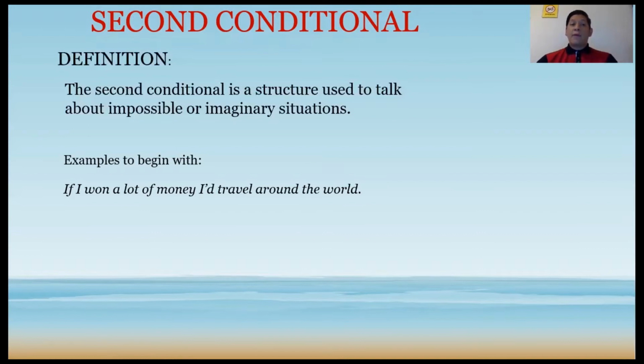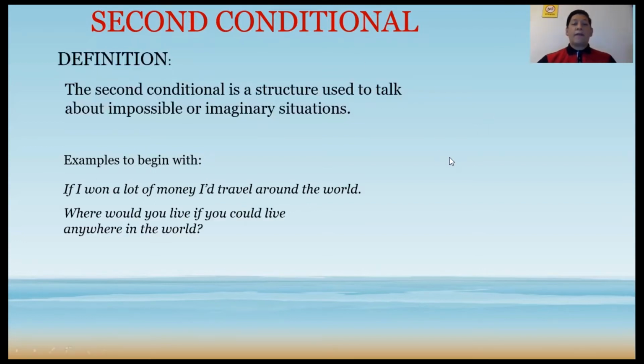It means in this moment that you don't have the money, but if you won the money, maybe by lottery, you would travel around the world, which is something that in this moment is not possible. That's why it's only an imaginary situation. Probably in the future it can be possible, but in this moment, it's not.